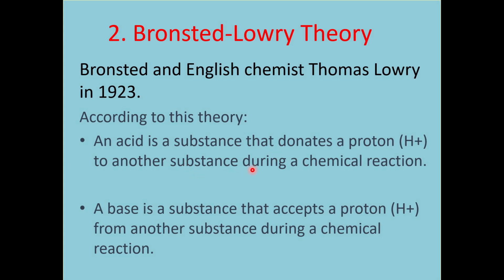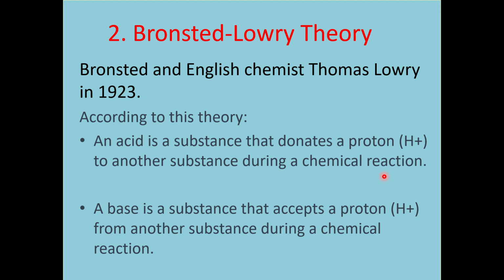Now we'll go to the concept of Bronsted-Lowry theory, proposed by Danish chemist Johannes Bronsted and English chemist Thomas Lowry in 1923. According to this theory, an acid is a substance that donates a proton, H+, to another substance during a chemical reaction.